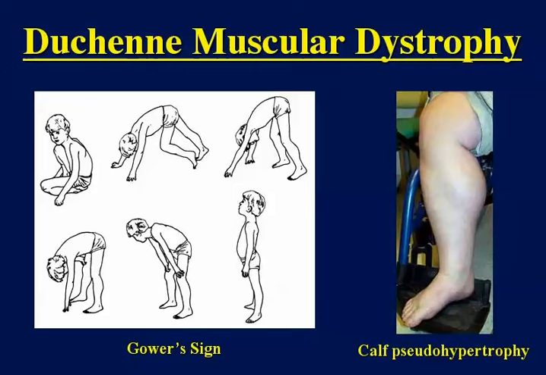Lordosis becomes obvious and the child waddles when walking. Pseudohypertrophy of the calves is another important sign, but requires palpation to confirm that it is fat and not muscle. There is also wasting of the thigh muscles.